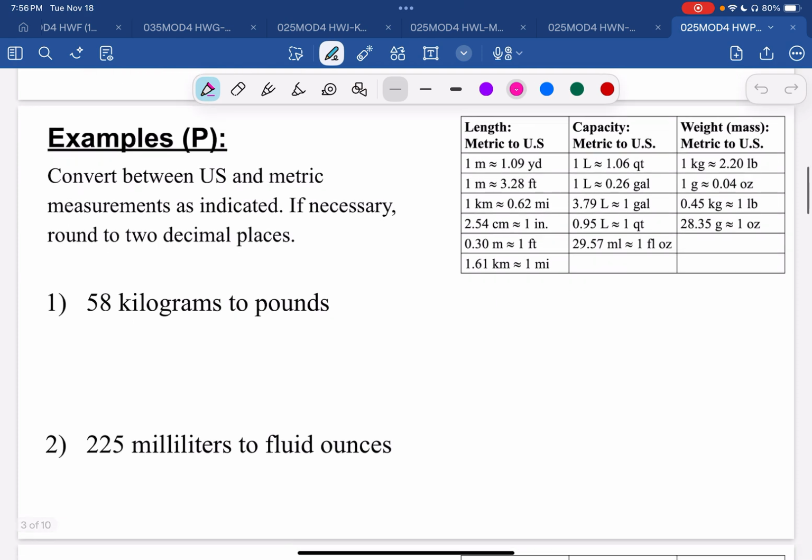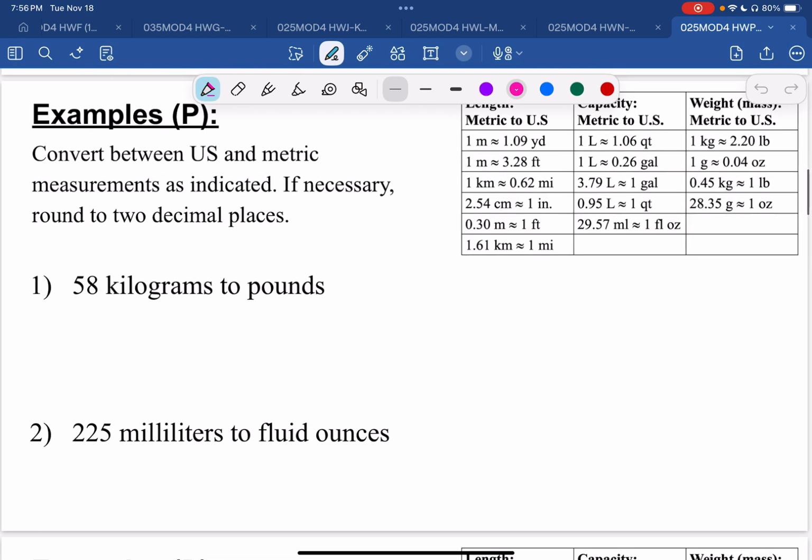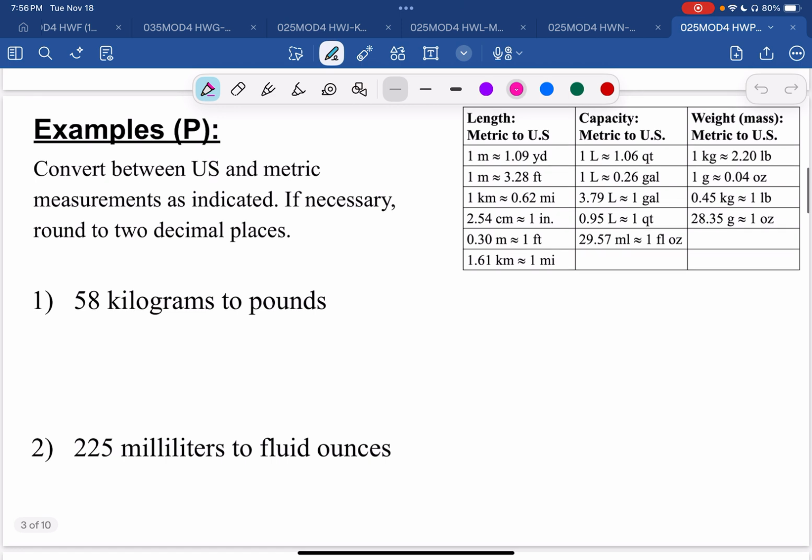So let's start with a couple of examples. So kilograms to pounds. The first thing I'm going to do is come over to my table and try to find the one for kilograms and pounds. And if I look, I can see kilograms and pounds right here.